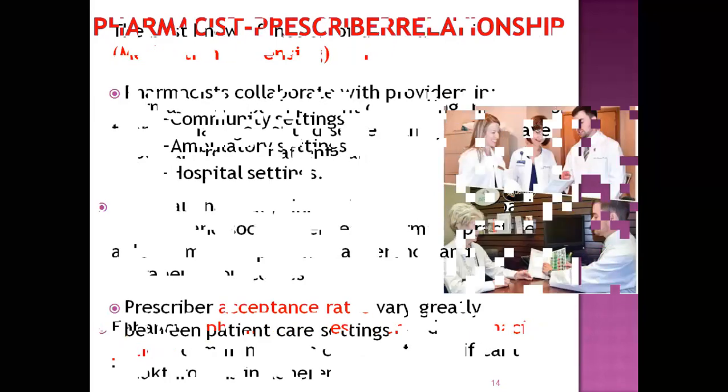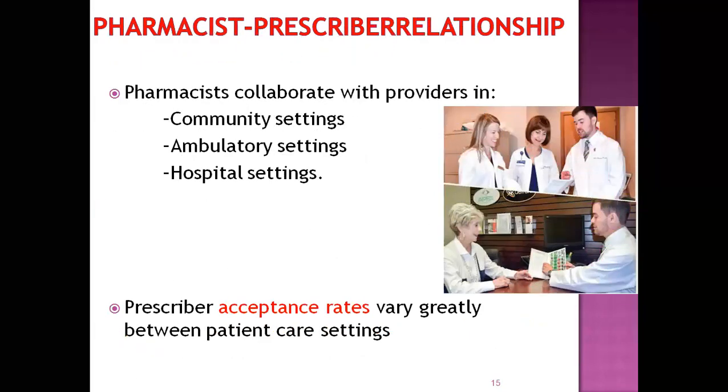So we have to discuss the pharmacist-prescriber relationship during non-adherence. Pharmacists collaborate with healthcare providers in community settings, ambulatory settings and hospital settings. Community ambulatory means OPD patients, as well as hospital IPD patients; the pharmacist's role is important during medication. However, the acceptance rate of particular prescribers at a hospital pharmacy or community pharmacy is different.